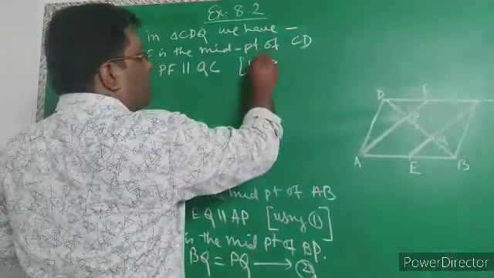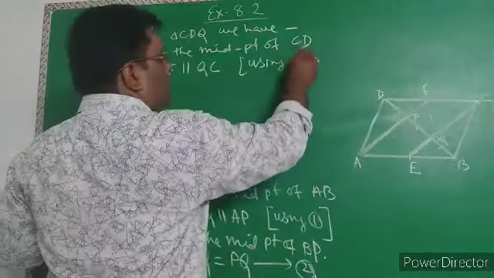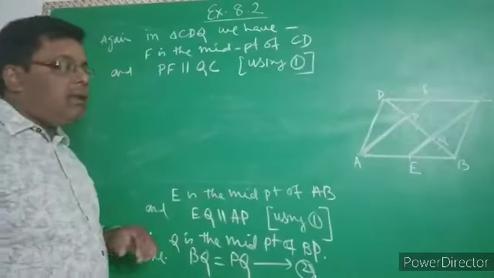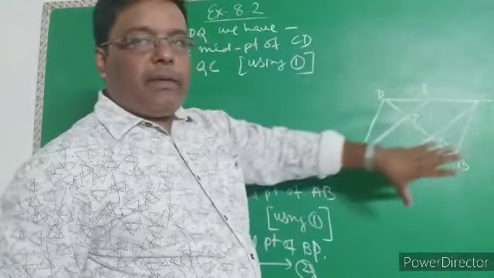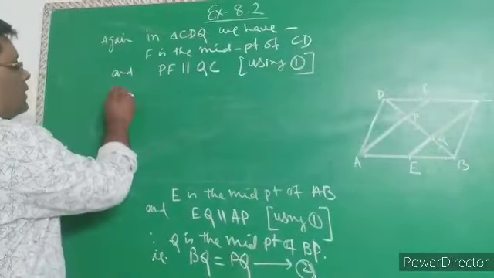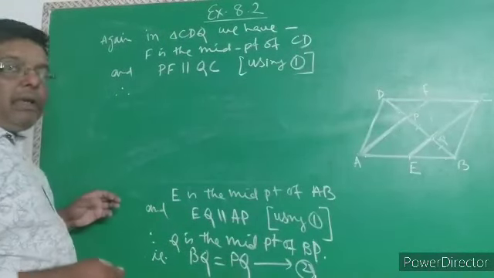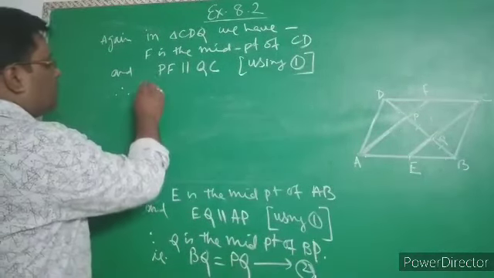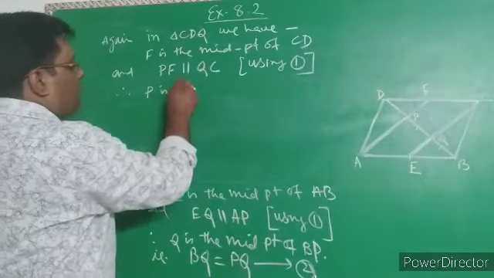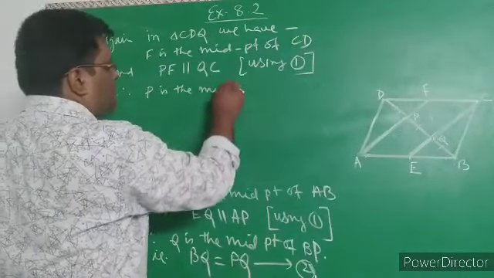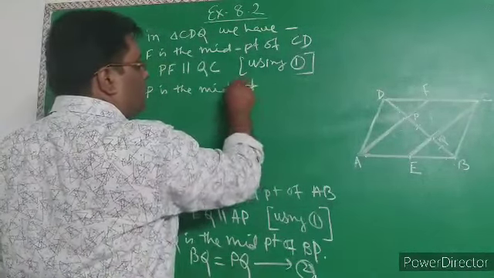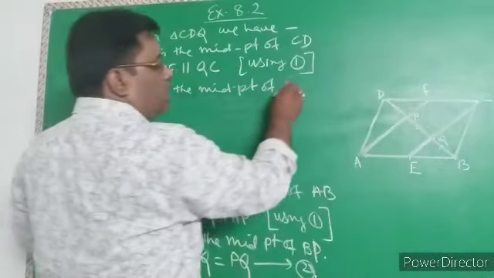So here also we will use 1, that is, this side is parallel. Therefore, P is the midpoint of DQ.